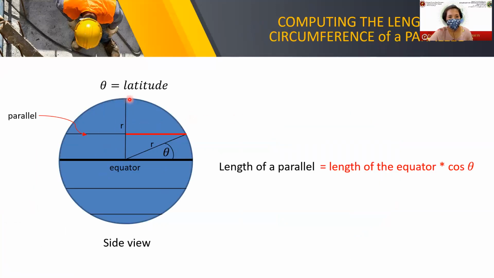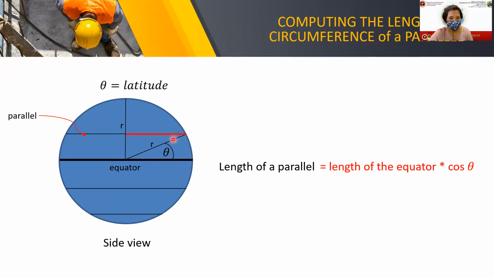So we can compute the length of the parallel using this formula: the length of the equator times the cosine of phi. As you can see in this illustration, meron tayo ditong parallel, which is this line along here. We can create a right triangle if we take half of that circle here.